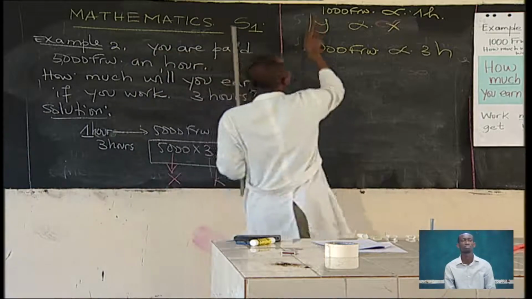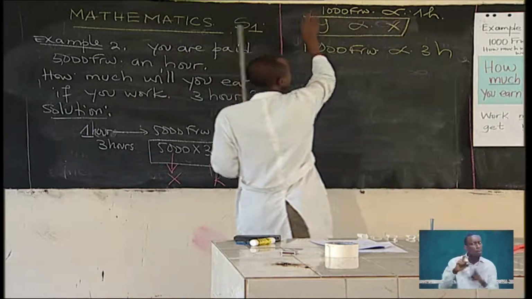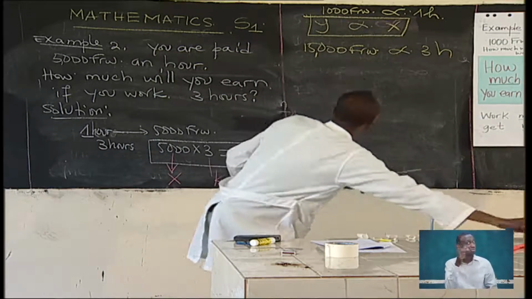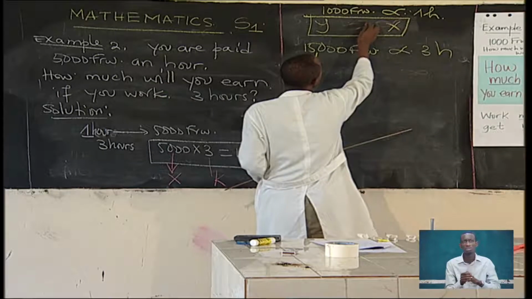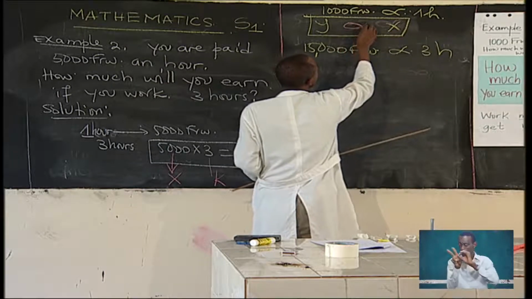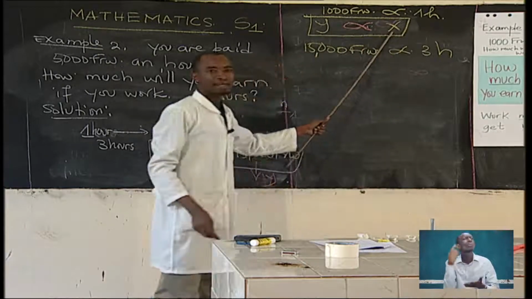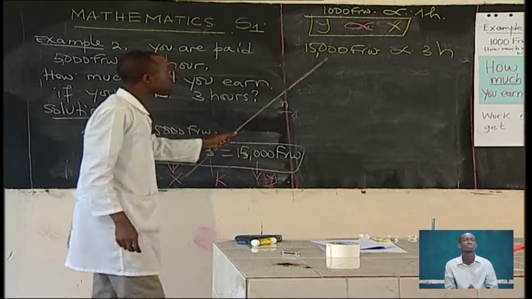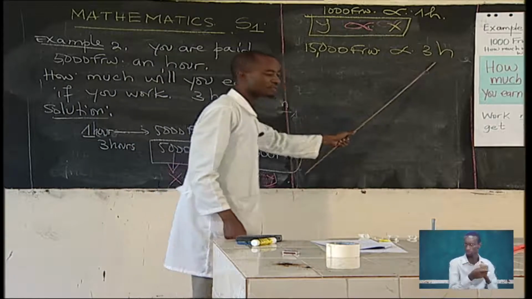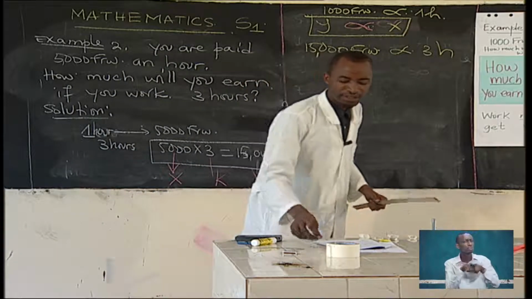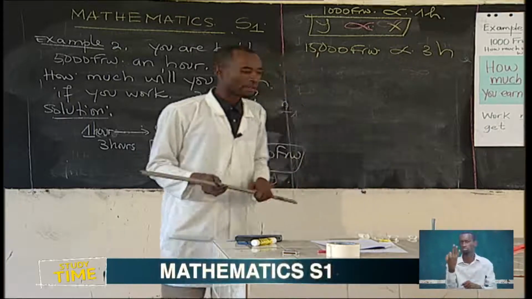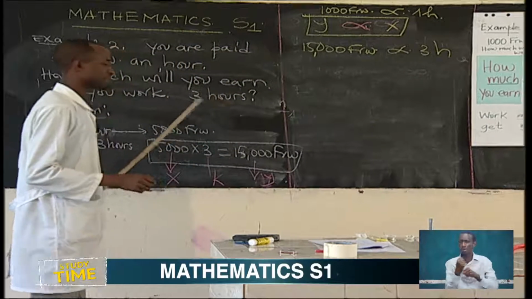So I want you actually to remember this. And I also want you to remember this symbol. Let me use a different color so that you can see it. This means y is proportional to x. 15,000 is proportional to 3 hours. The more hours you work, the more money you get. I hope it's very understandable.